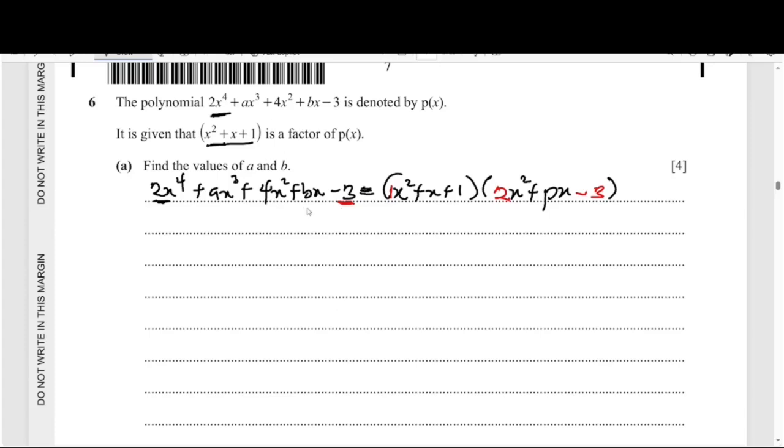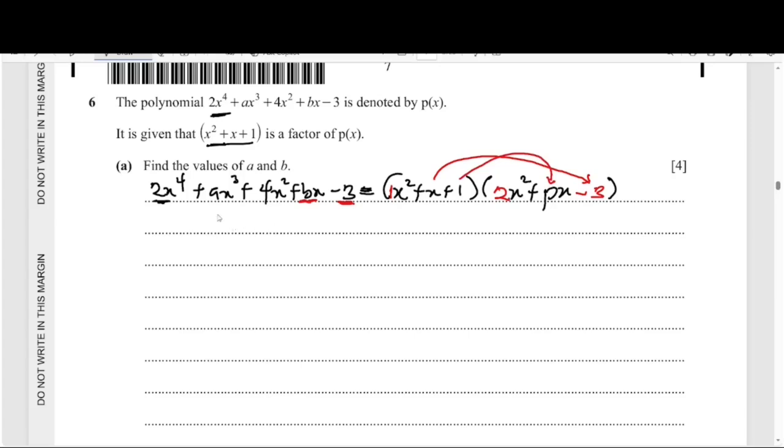So we ask, how are we going to produce the x term from these two expansions? We're going to produce x by multiplying this by this, so x times 2 will be 2x. Hmm, here the other factor has negative 3, so x times negative 3 will be negative 3x. And then also multiplying 1 by this px. So those are the only two possible ways to produce an x.